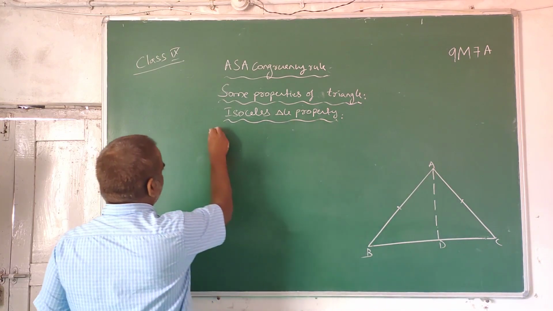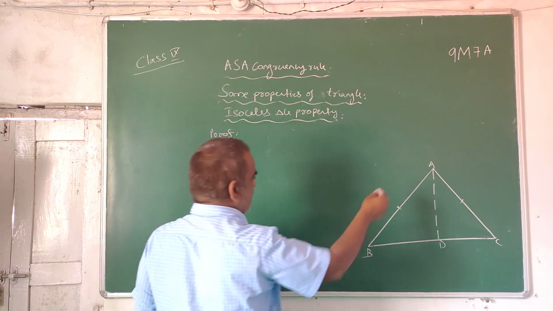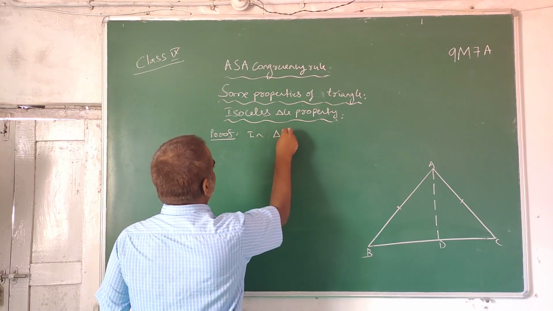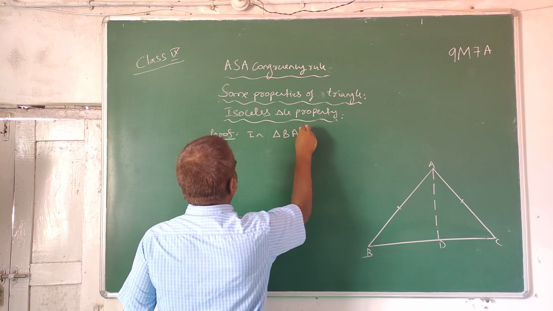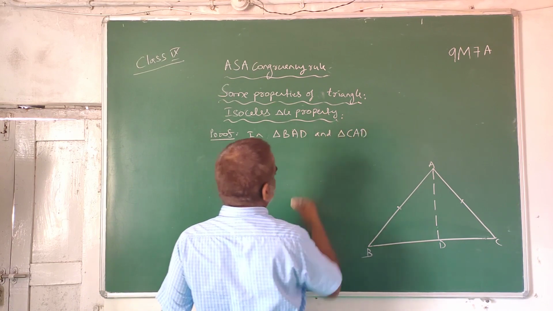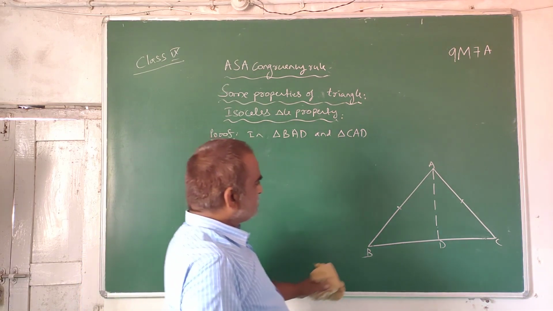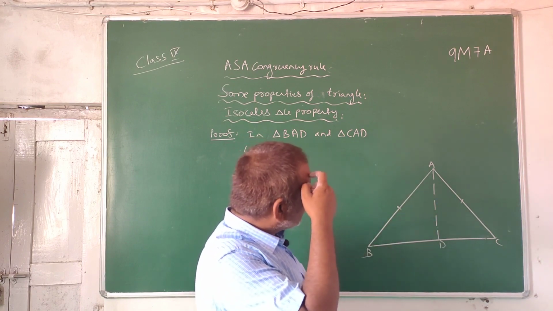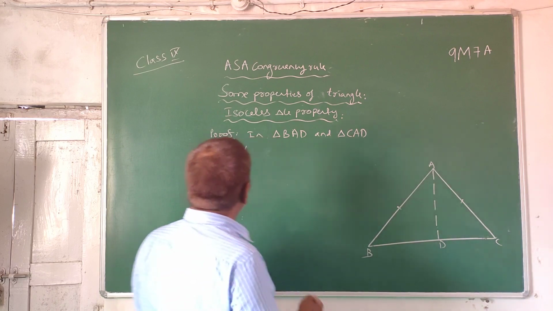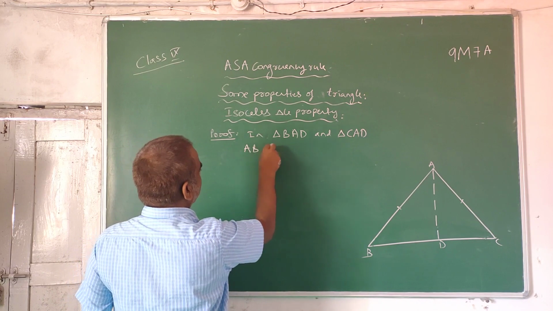Now if we go for the proof, I am taking triangle BAD and triangle CAD. So in triangle BAD and in triangle CAD, AB is equal to AC, it is given.